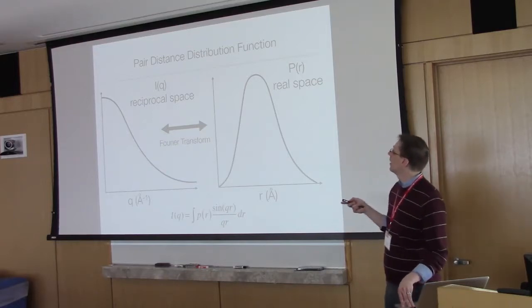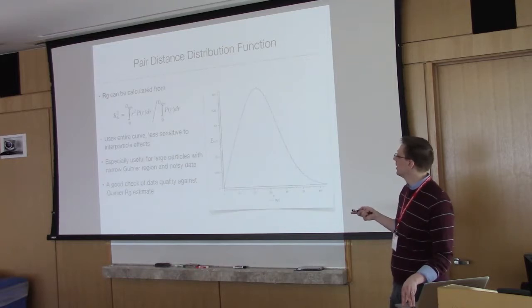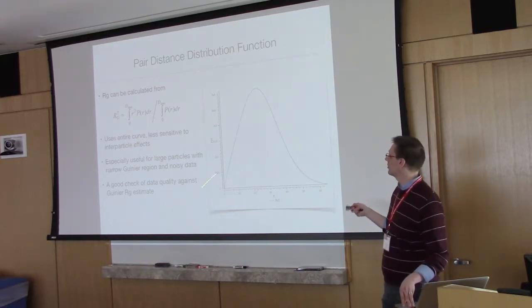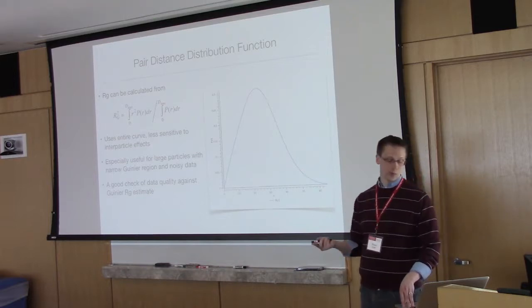Okay, so here we're going to talk about the pair distribution function. You've seen this. There's a factor of 2 missing there, so believe the other equations. You can calculate the radius of gyration from your pair distribution function. This is particularly useful if you have particularly large particles.